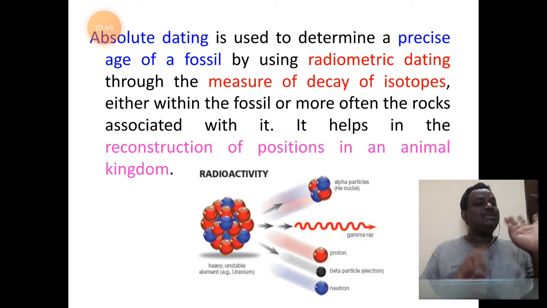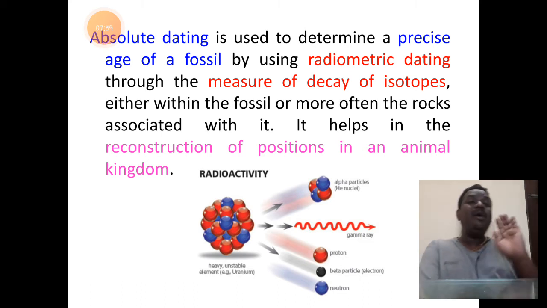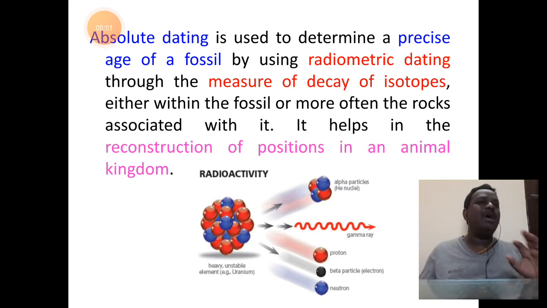Okay, so this particular carbon 14 is a radioactive isotope of carbon, whereas carbon 12 is a stable carbon in nature. So radioactive isotopes have a property of disintegration or breakdown to form their daughter nuclear or daughter elements.